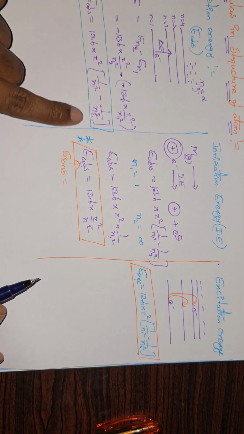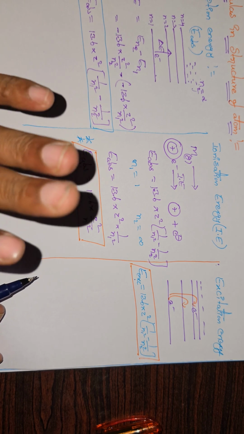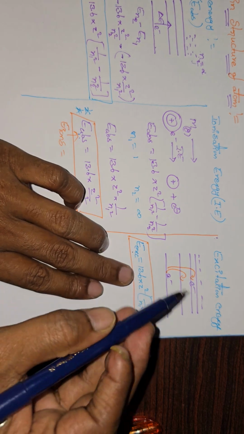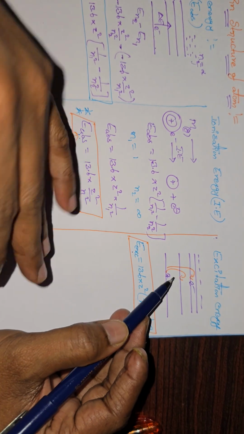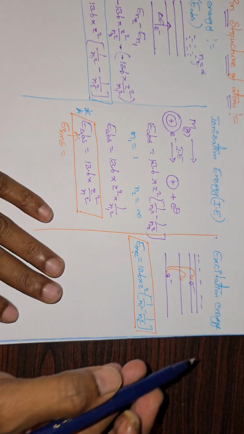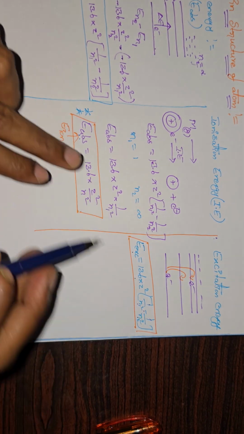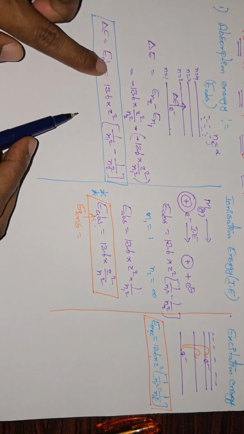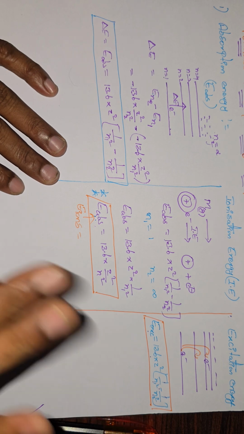That term does not exist in the formula; only 13.6 into Z square by n square exists, and it is positive. Excitation means the electron moves from a lower orbit to a higher orbit but remains in the atom, not removed, so 1 by n1 square minus 1 by n2 square. These three formulas are also important. Okay, students.